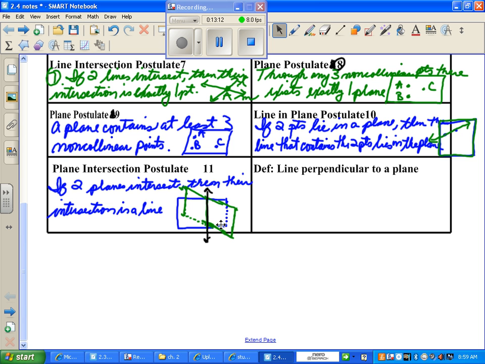Alright, there's a definition I want to go through, and that definition is of perpendicular lines. If a line is perpendicular to a plane, then it is perpendicular to every line in the plane at the point of intersection.